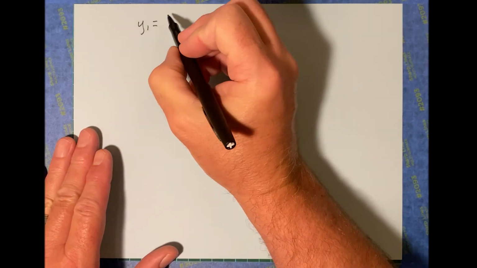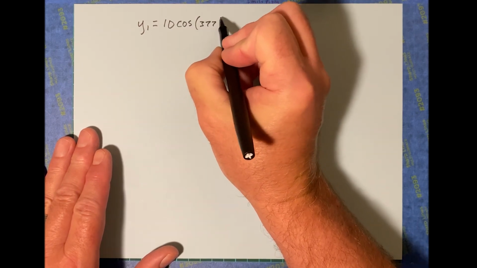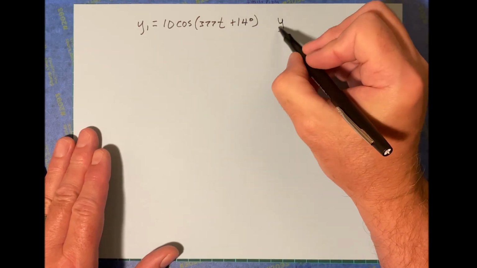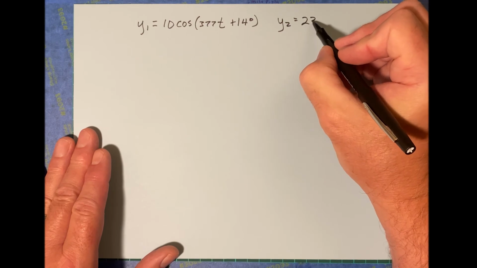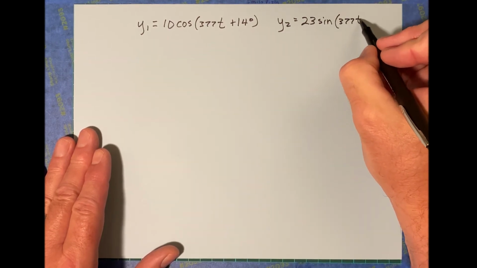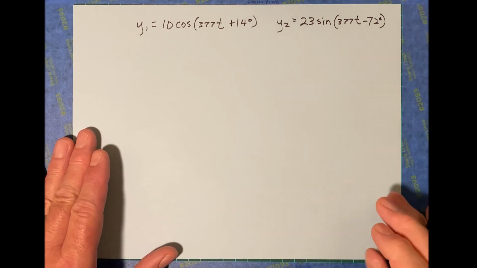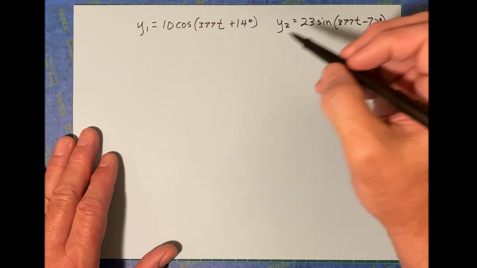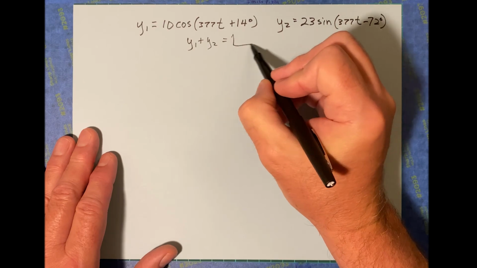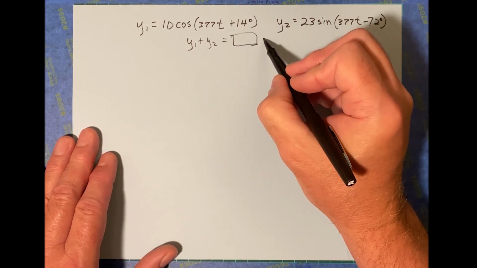Let's say y1 is 10 cosine 377t plus 14 degrees, and then y2 is 23 sine 377t minus 72 degrees. Once again, what I want to do is write y1 plus y2, but I want it to be expressed as some amplitude times some sinusoidal function.